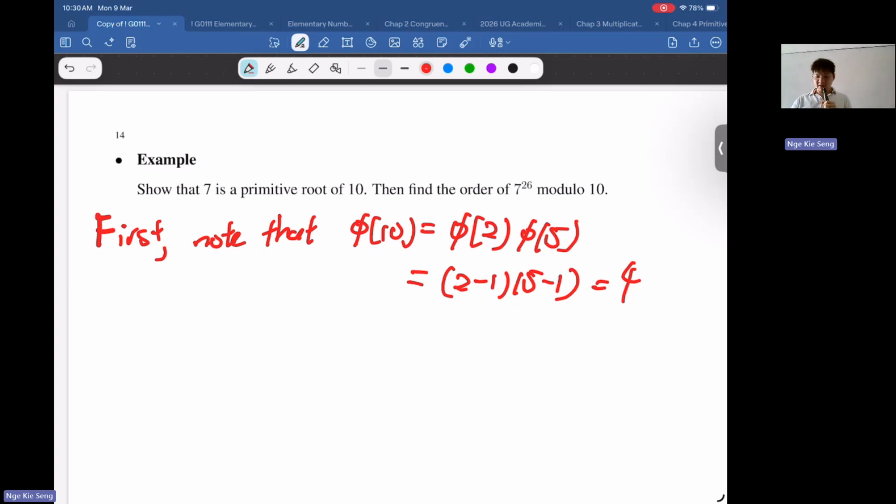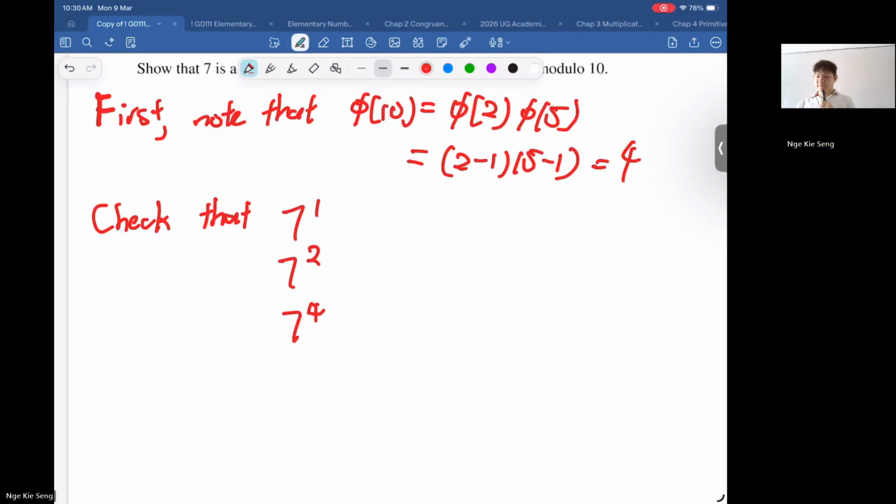Then you will check whether the order of 7 is 4 or not. How many numbers do you need to check? The order of 7 must divide 4. So you just need to check 7 to the 1, 7 to the 2, and 7 to the 4.